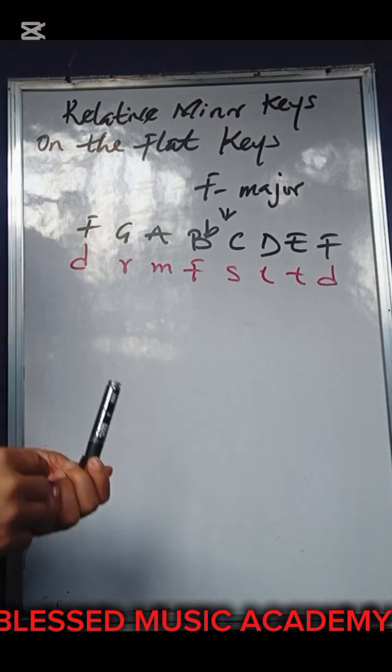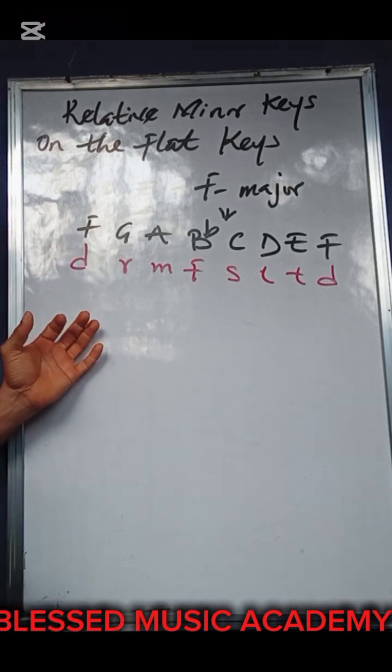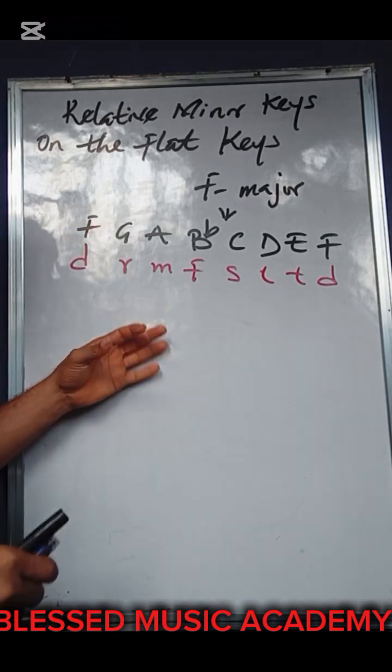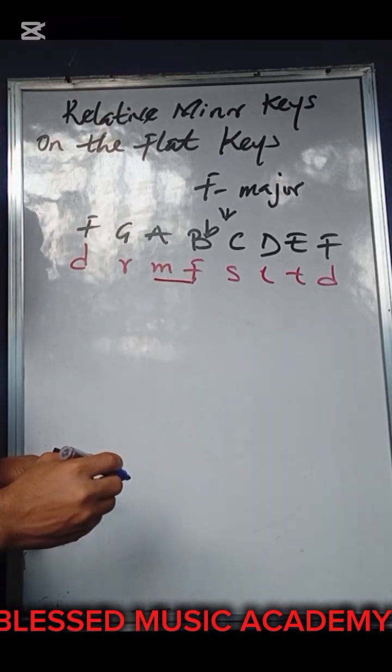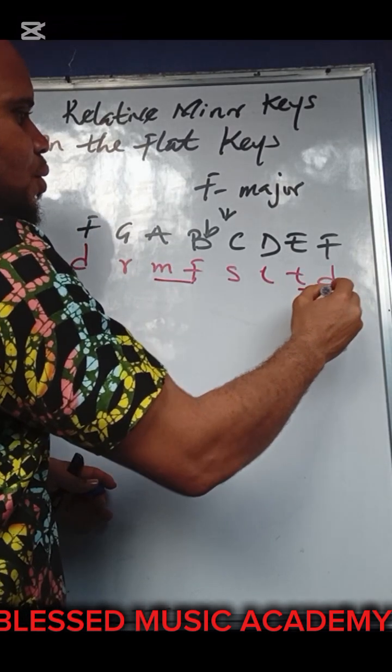Now following the tone, tone, semitone pattern, between mi and fa is a semitone, and between ti and do is a semitone.